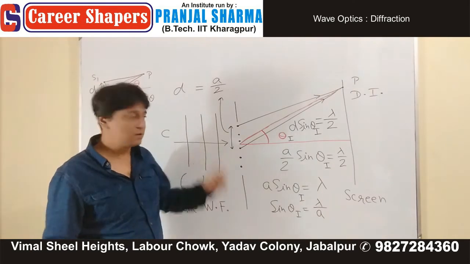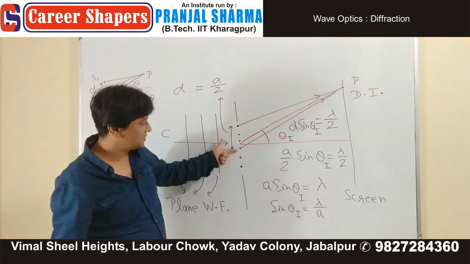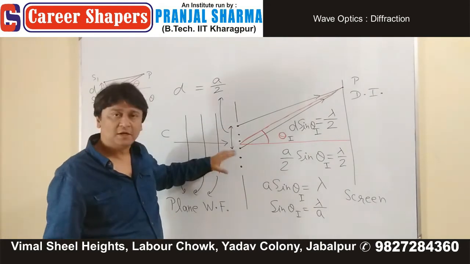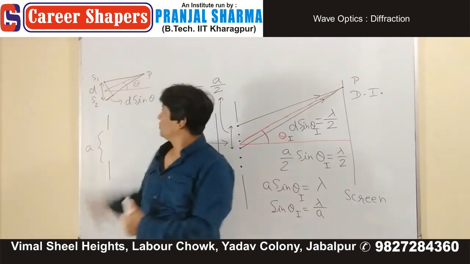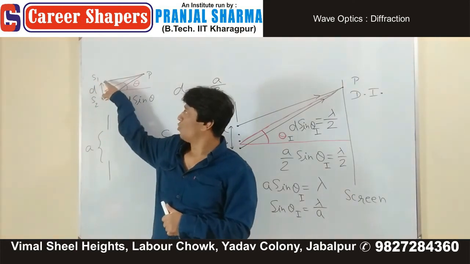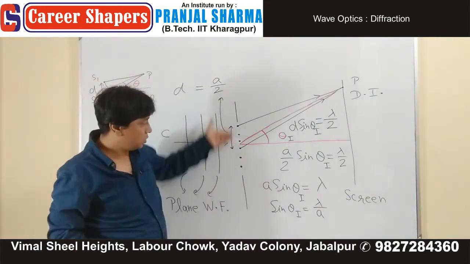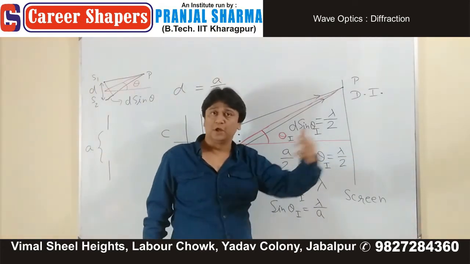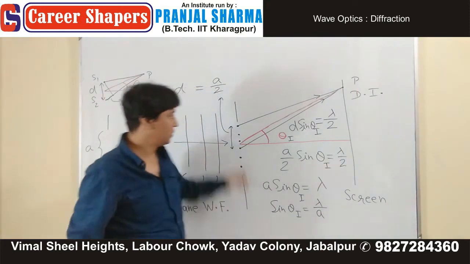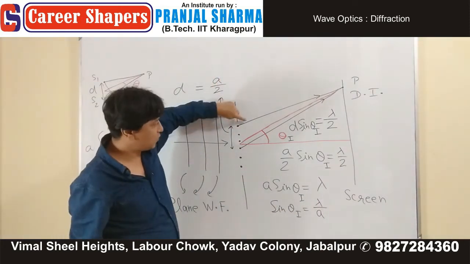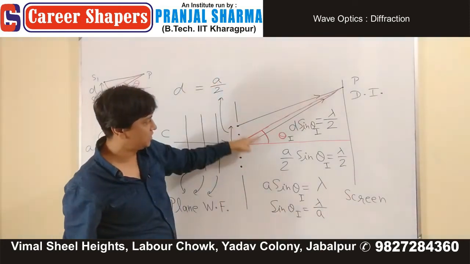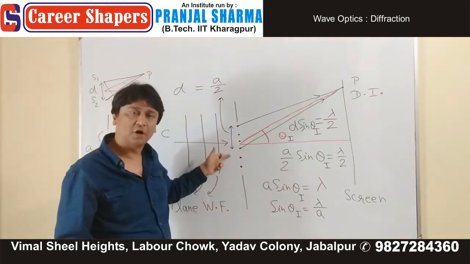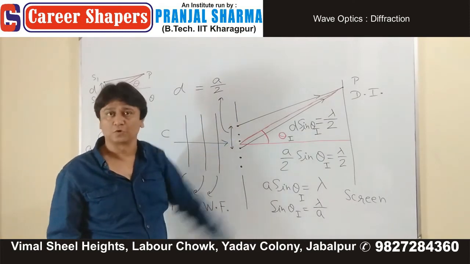The main thing is what? If first cancels first, then since the slit size is very small, this opening is the whole thing. And capital D, the screen distance, is already very large, and therefore this approximation holds: whatever path difference is present between these two is also present for second, for third, for fourth.